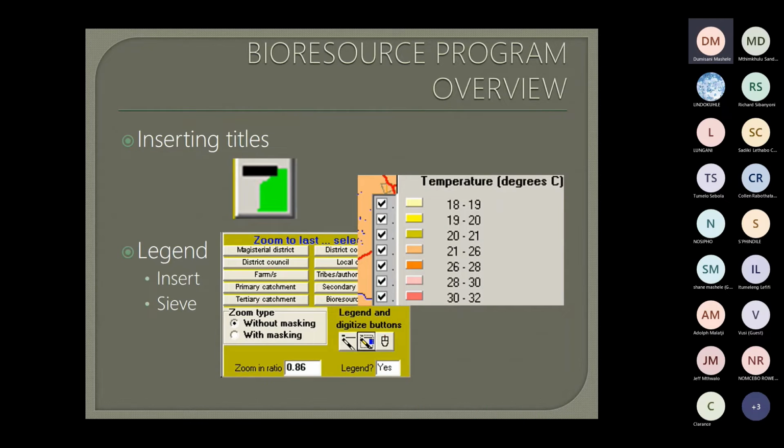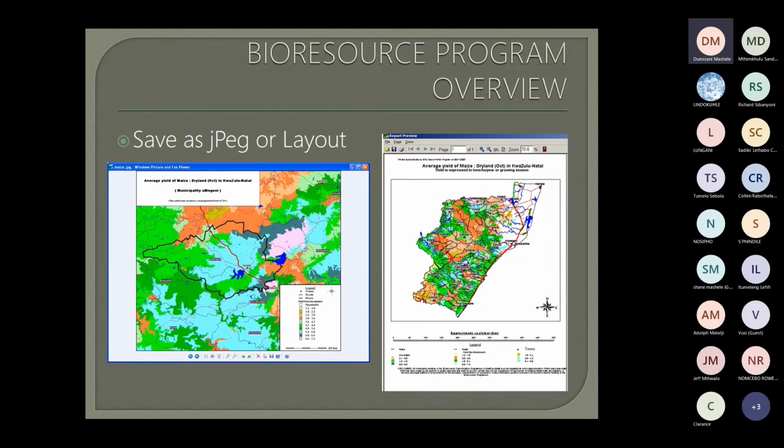Just to show you that it also has a mapping functionality where you can generate maps. You can see the example of those maps in there. Very primitive looking, because the PRU was never really created to be a mapping program. It is primarily a database where we're extracting information in the form of reports.